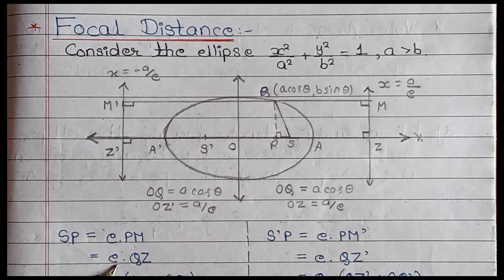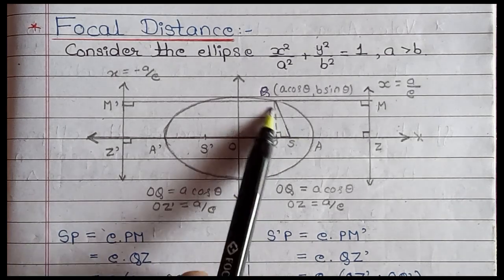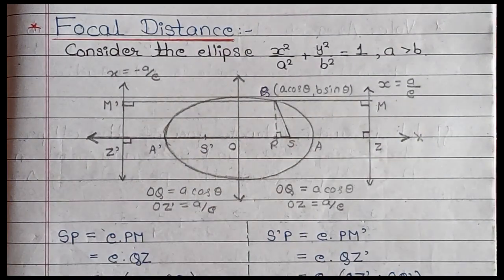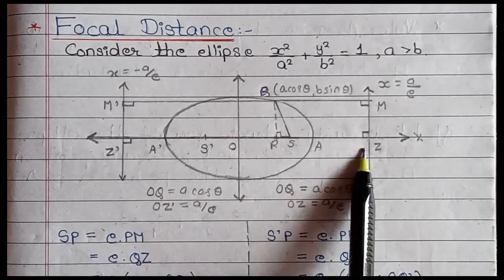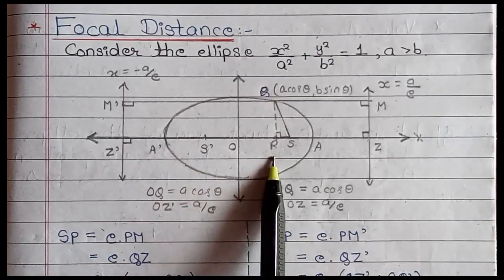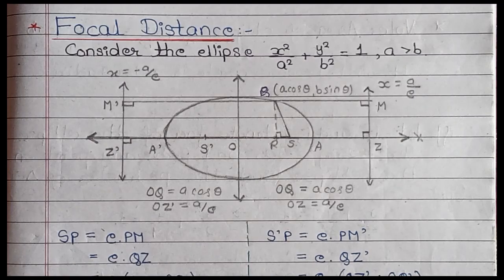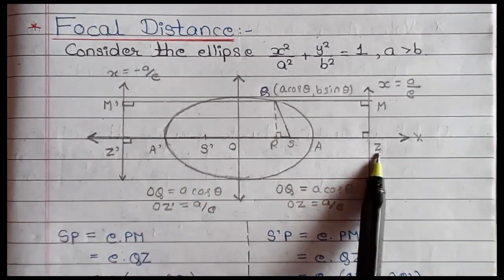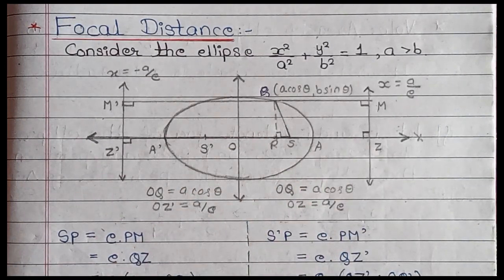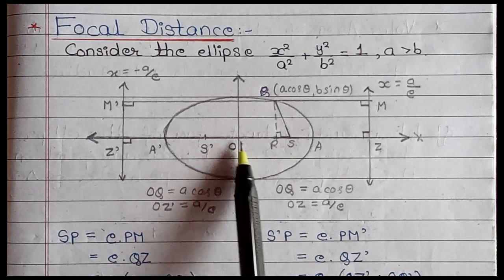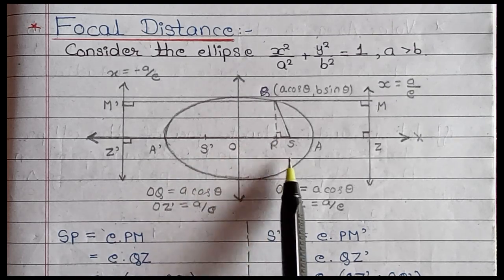In case here it is e into QZ, Q to Z, so it will be written as e into OZ minus OQ, which is same as OR. OZ distance from directrix is a by e, and OQ, which will be same as OR, distance is a cos theta.